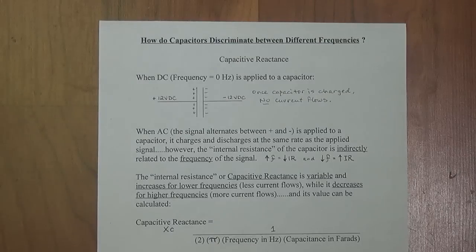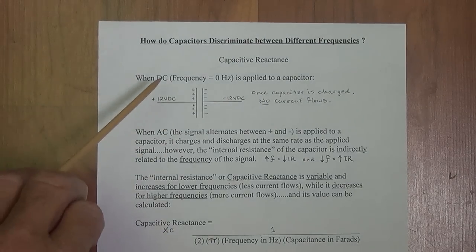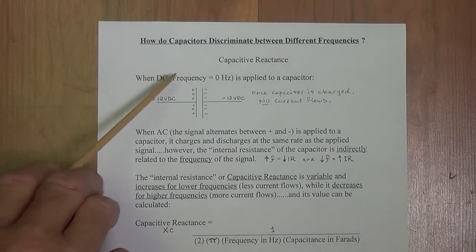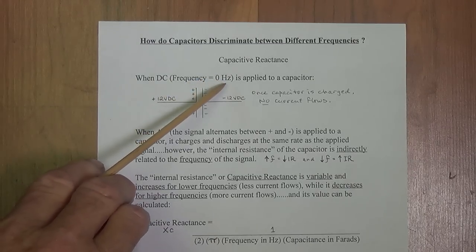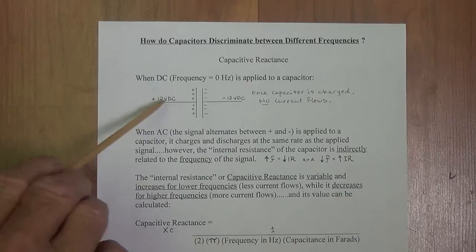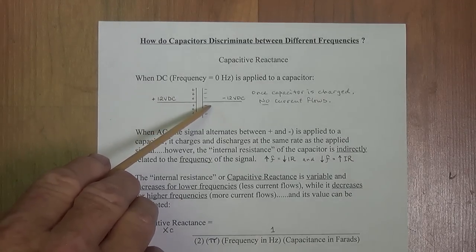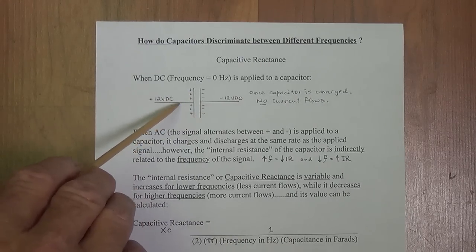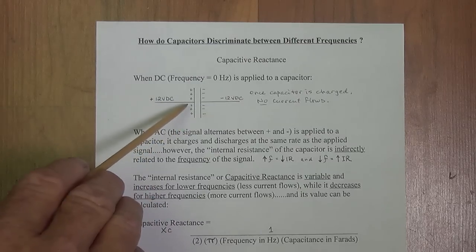Now we're going to cover the charging aspects of capacitors when confronted by AC and DC in just a few minutes. But for now, let's look at what happens when we apply a signal to a capacitor which has a frequency of 0 hertz, which we know is direct current. A little bit of current's going to flow here through this wire until the capacitor is completely charged, and then we will have a voltage existing across the capacitor of plus 12 volts on this side, minus 12 volts on that side, but no current is going to flow.